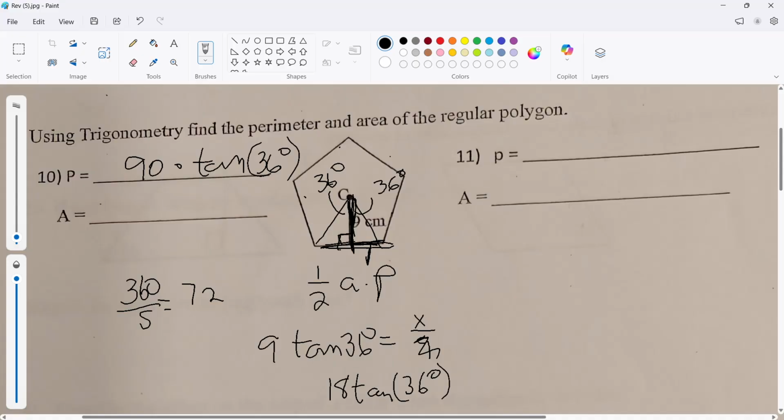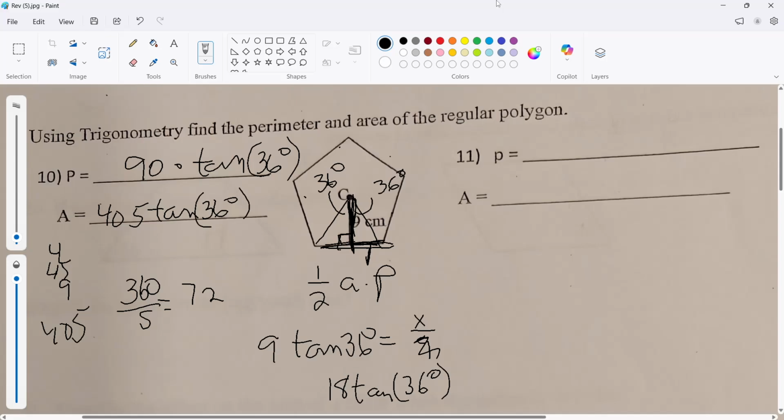And then the area will be 1/2 times 9 times 90, which is 9 times 45, since 1/2 of 90 is 45. So what is 9 times 45? 405. 405 tangent 36 degrees.